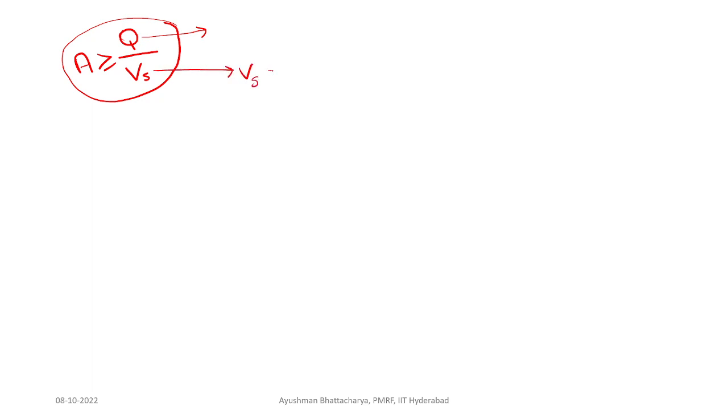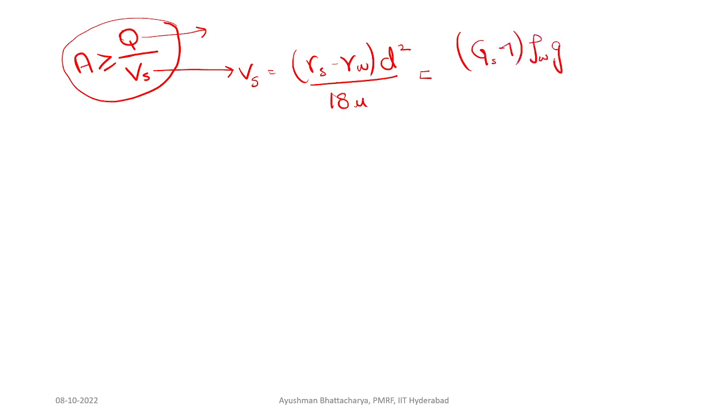So for Vs, we know the expression: Vs is equal to (Gs minus 1) rho W g d square by 18 mu.